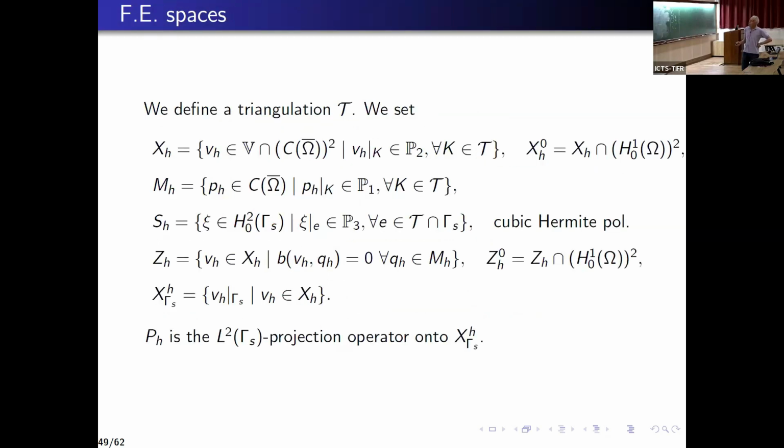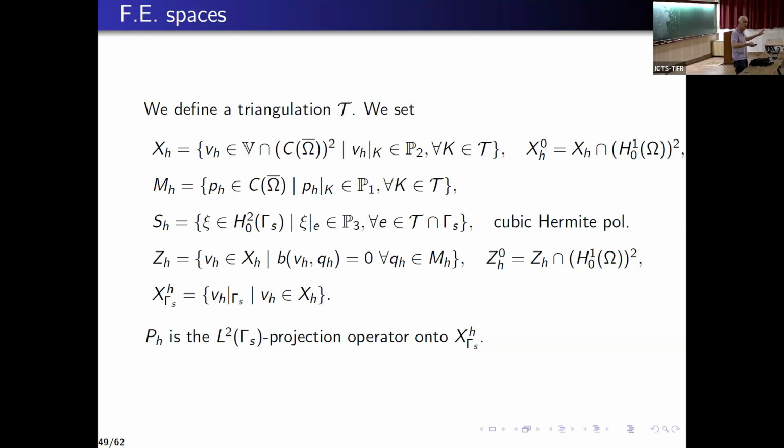And I've not time to give details, but the idea is like that. We can do the same for the discrete problem. Of course, we have to make the approximation of the beam.